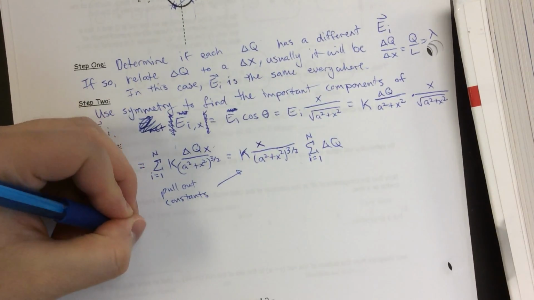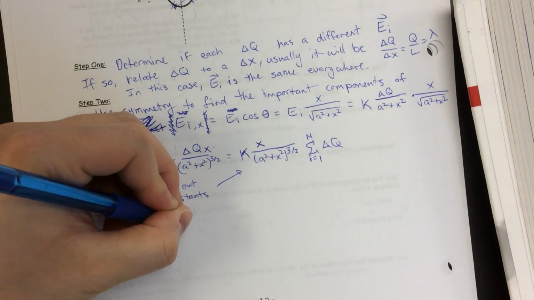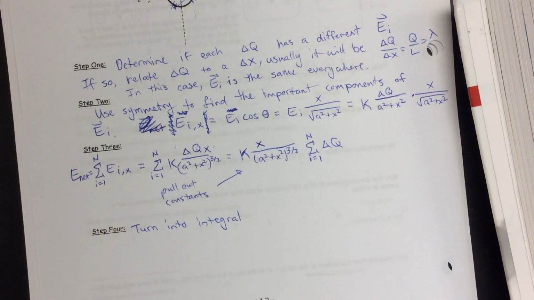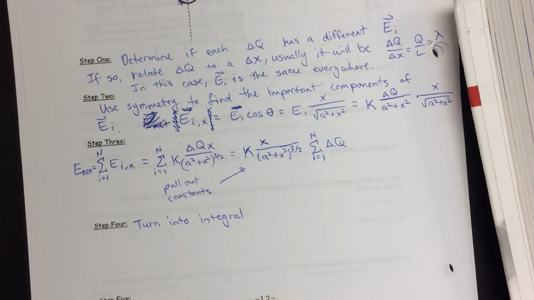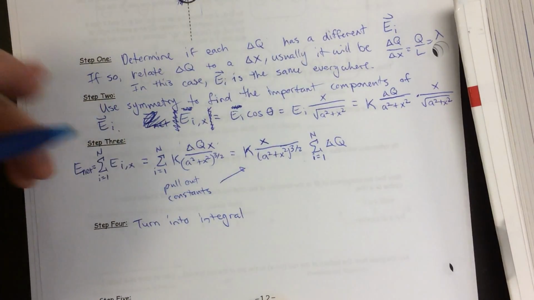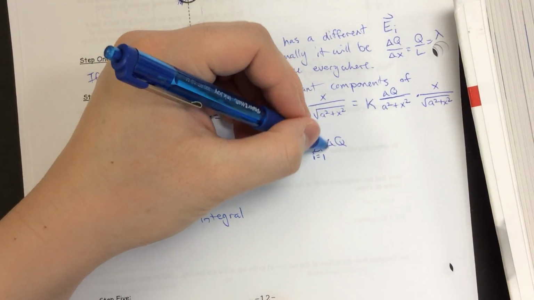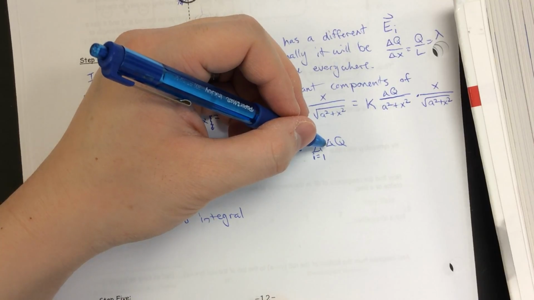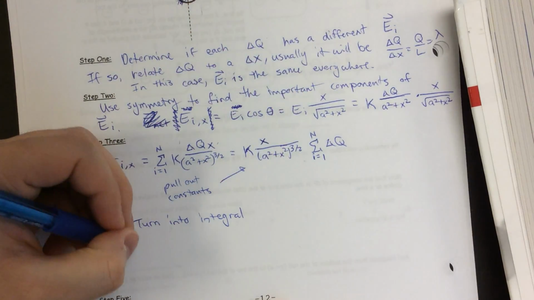Step 4, turn into integral. In this case, whatever your delta is what you're integrating with respect to. So this is all constant.